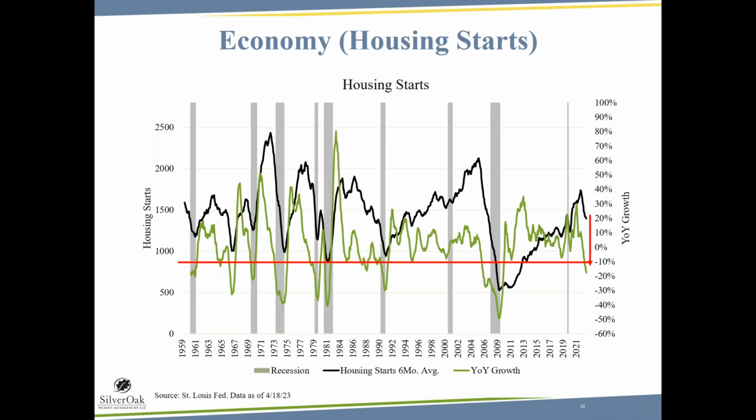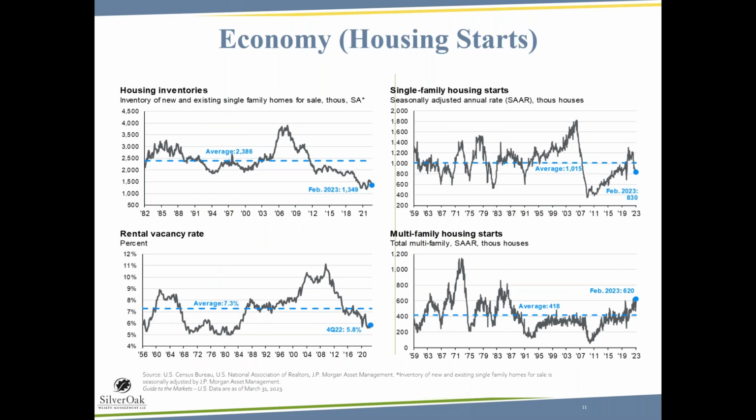Explain why we don't think today is similar to what we saw during the financial crisis. Yeah, it's really interesting. If we start on the far left, upper quadrant, we're looking at housing inventories. We are near record low levels of inventories, and that's a complete opposite of where we were back during the housing crisis.